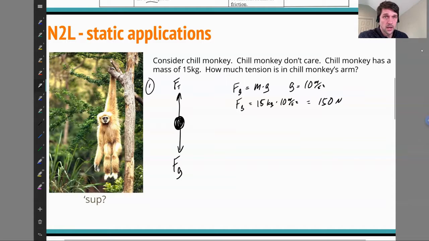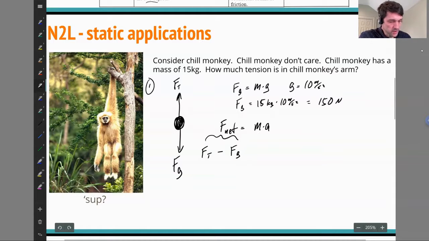Step one, I've drawn a free body diagram. Step two, I need to turn that free body diagram into a Newton's second law statement, which says the net force equals mass times acceleration. Let's break that apart. The net force consists of a tension force upward, which I indicate as positive, and the gravitational force downward, which I subtract.